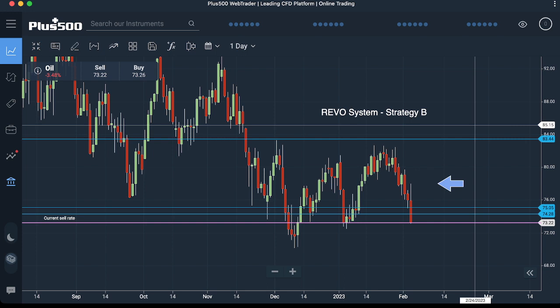Okay, so let's go to the chart and start by discussing the example of today. This is a daily chart, crude oil. As you know, first of all, we have to specify the levels, the points of interest. What are the points of interest on the daily level and weekly level?